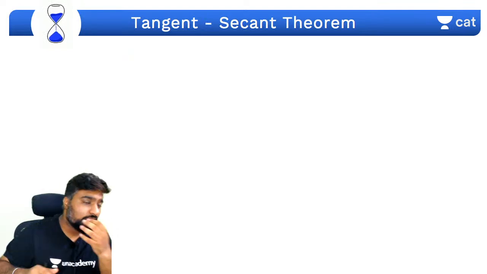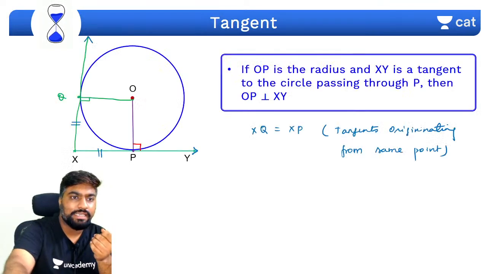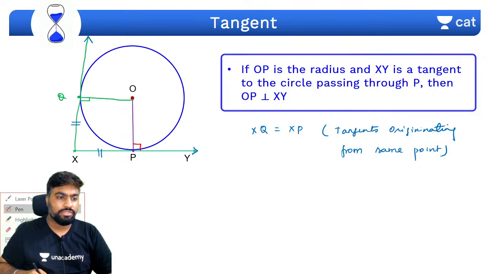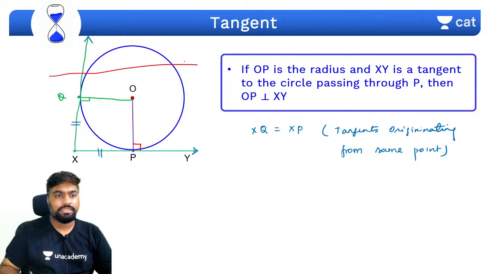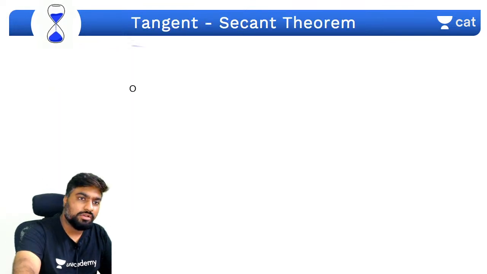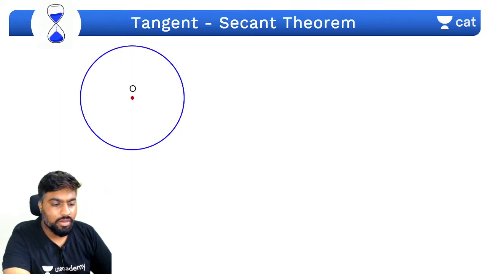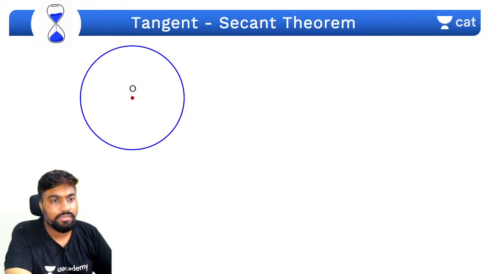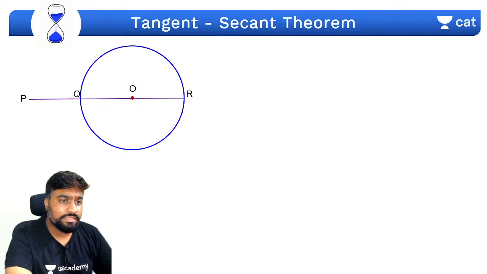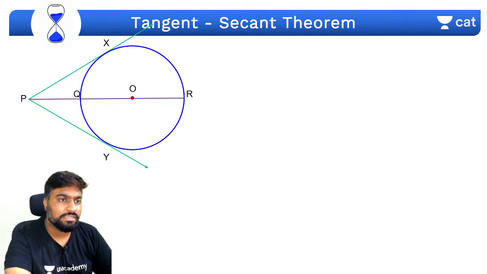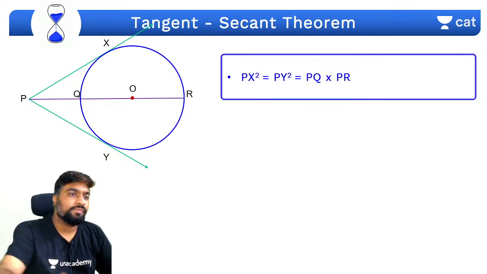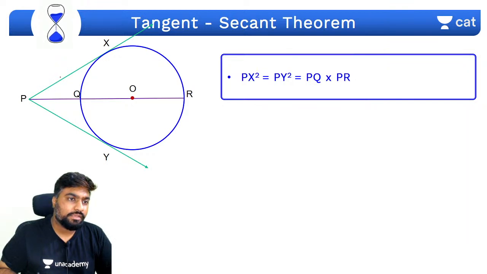Now let's look at the secant theorem. But what is a secant? The line that we had drawn initially was a secant. A secant is something that passes through the circle, touching two points. According to the tangent secant theorem, if there is a secant that passes through the center, and from the same point you have two tangents touching the circle at two different points, then PX square, this length PX square, which is the same as this, right?